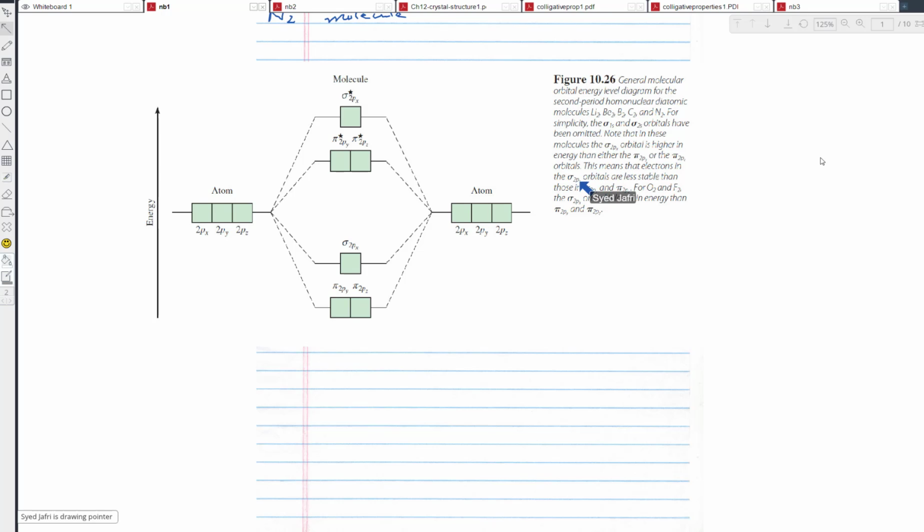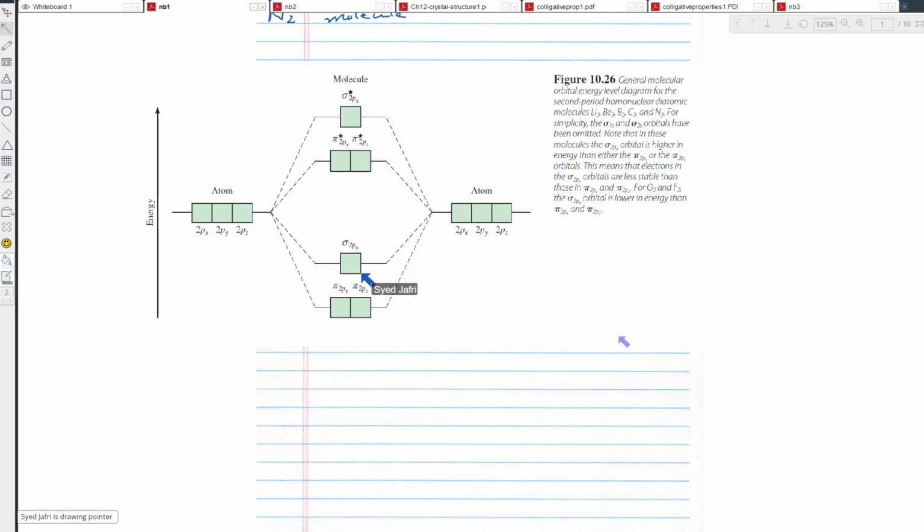This means that electrons in the 2px orbital are less stable than those in 2py and 2pz. For O2 and F2, the 2px orbital is lower in energy. Generally this one is lower energy and this one is higher energy. But for the examples given here, it is reversed.